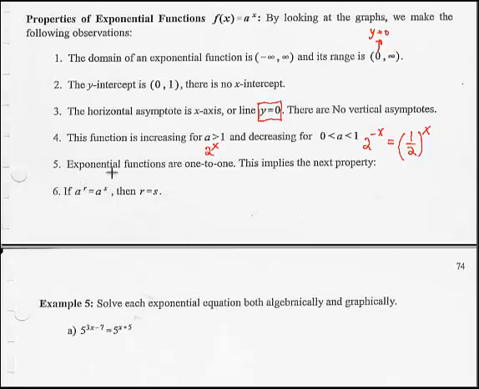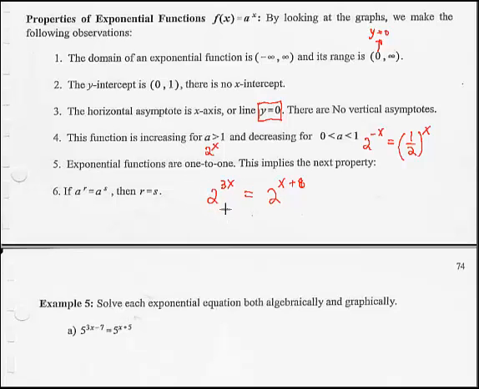5. Exponential functions are 1-to-1. And therefore we can use this property to solve equations that involve exponential functions. So for instance, if I had 2 to the 3x, and then I also had 2 to the x plus 8, then to solve this I could say, well, the bases are the same, 2 and 2 on both sides.